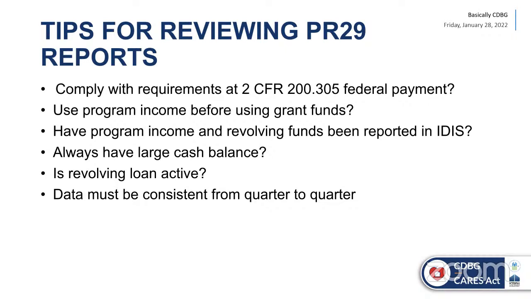Here are tips for reviewing the PR29 report, which is the Cash on Hand report. The Cash on Hand report is mainly used to check compliance with the requirement at 2 CFR 200.305, federal payment. Federal payment requires grantees, first, to use program income before you draw down grant funds.